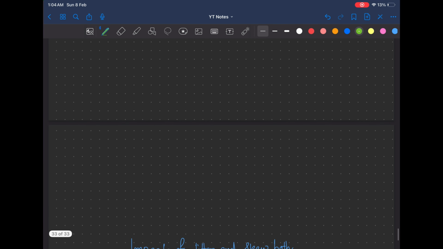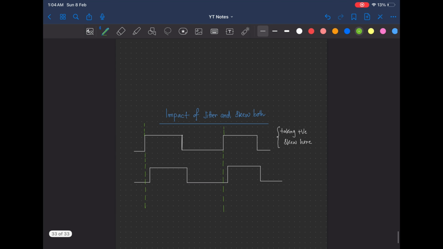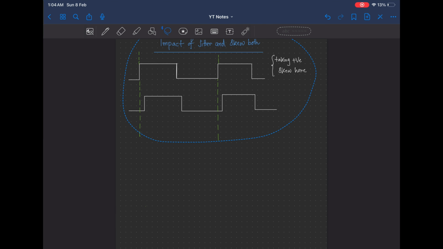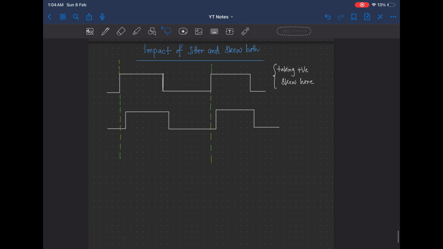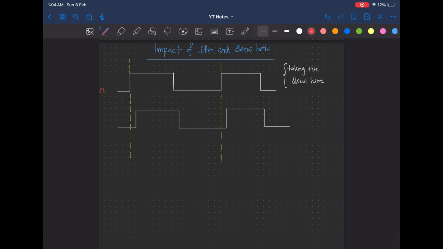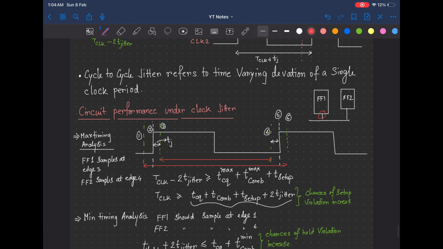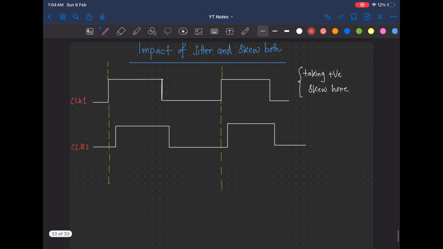Now coming to another discussion, which is very simple: the impact of jitter and skew both in a particular circuit. So this is the clock 1 point and this is the clock 2 point of the two blocks, as I said, of those two points.